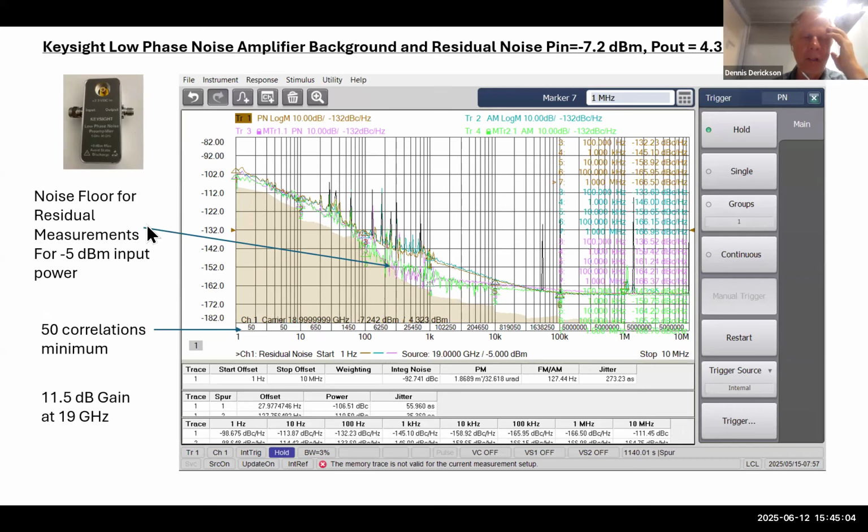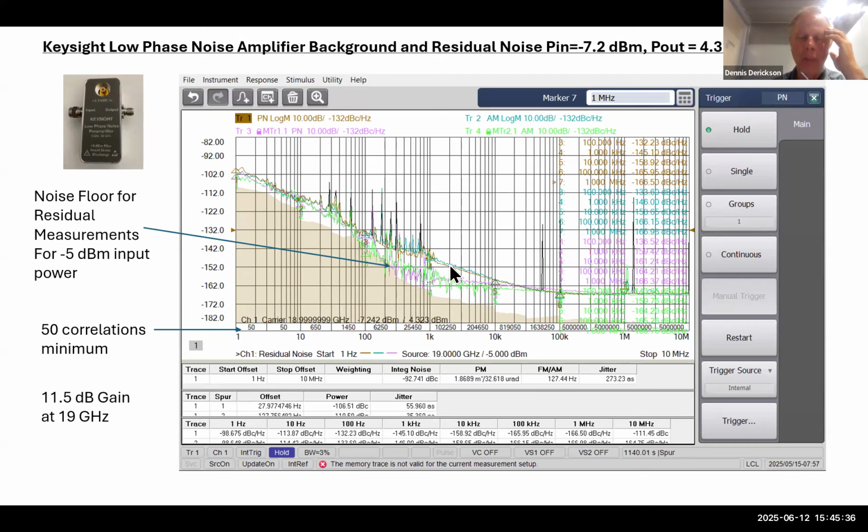What I did here is I first put just a through line in place, with minus 5 dBm of input power, which shows what's the smallest signal that we can see. Here I'm doing both phase noise measurements and AM noise measurements, so I've got 4 plots. One is the AM and PM noise residual of just a through line, no amplifier at all.